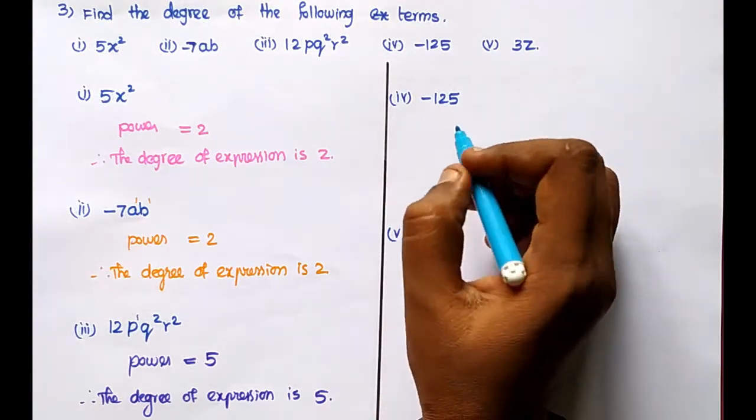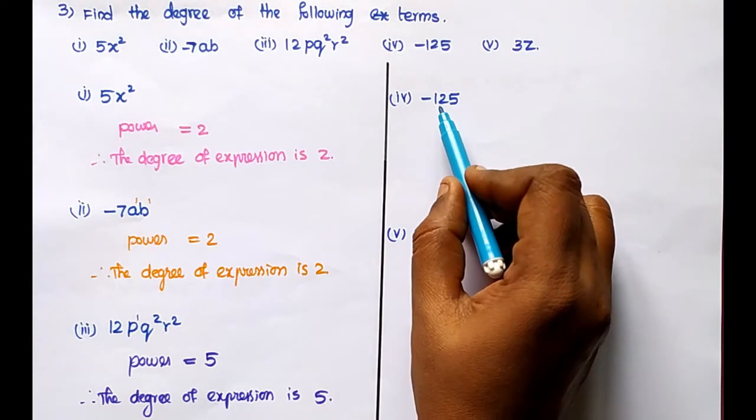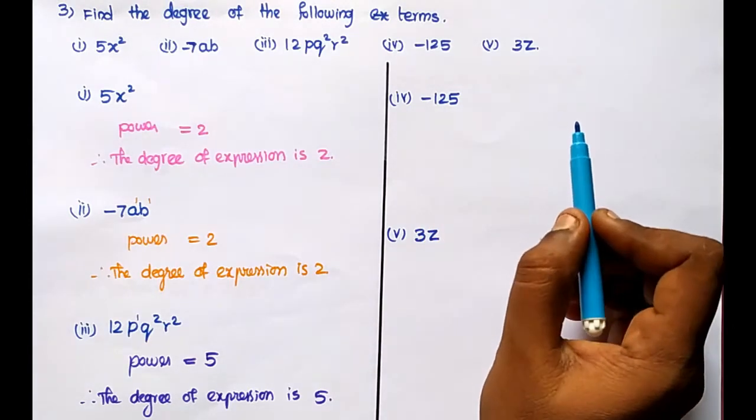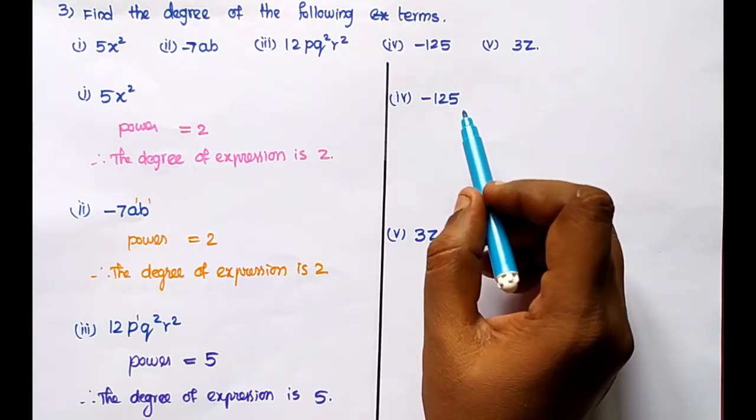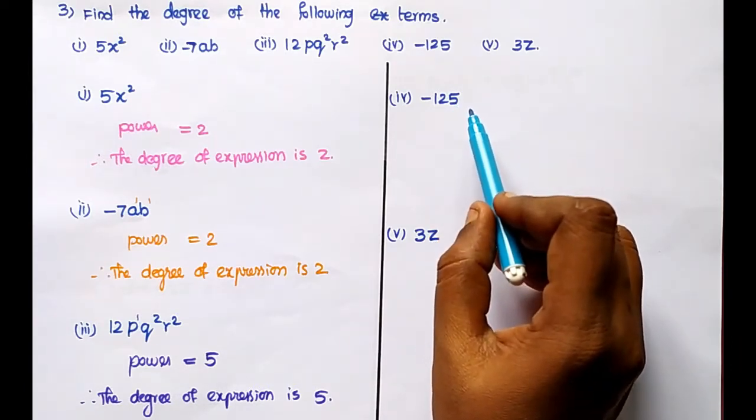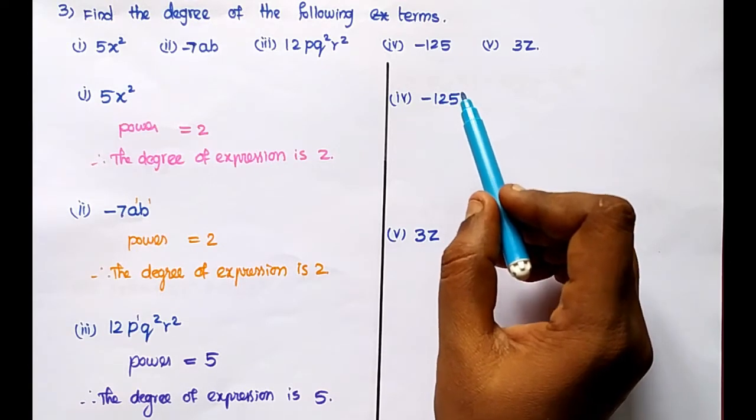Next one, minus 125. Listen, minus 125 is a number, a constant term. There is no x, y or variables. So, with no variables, that is not an expression.